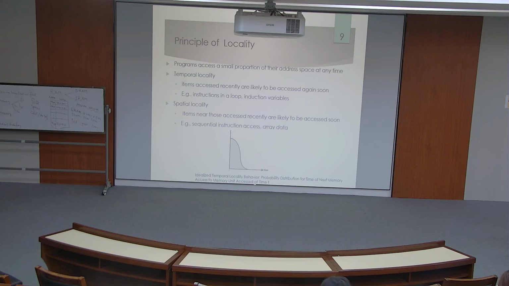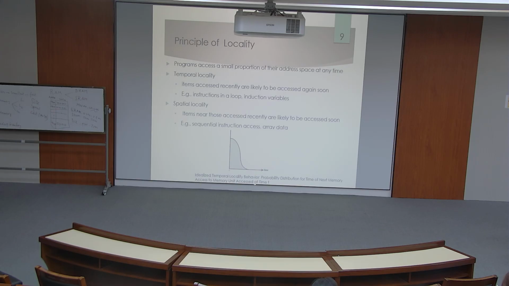We have some data items that were frequently or recently accessed, which means there is a higher probability that they will be accessed again in the near future. For example, we use a loop to execute the same instruction multiple times.